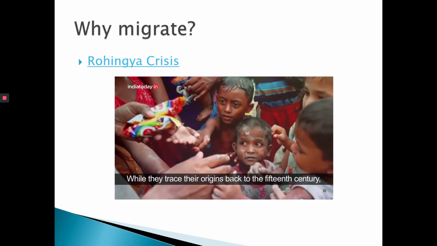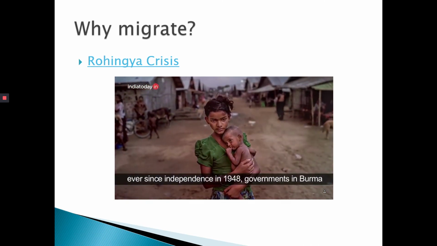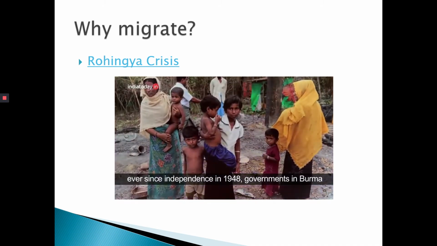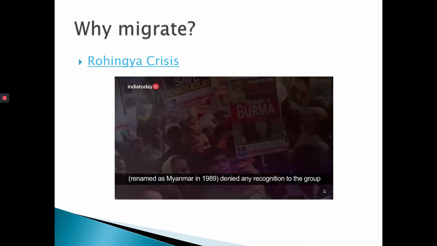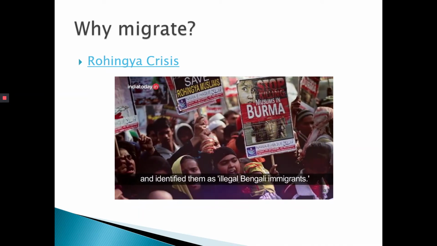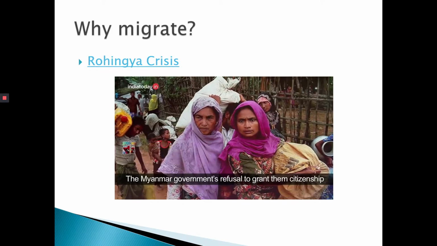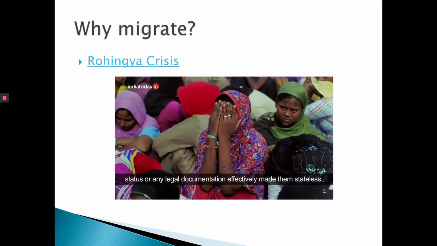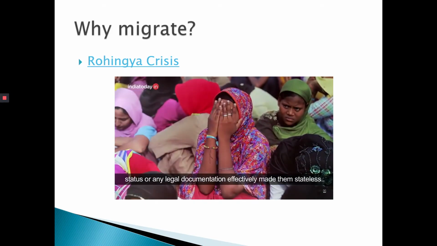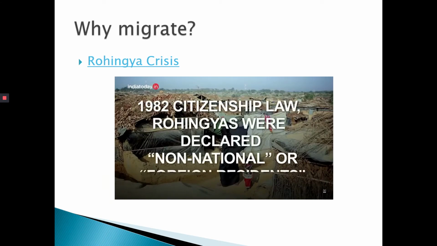While they trace their origin back to the 15th century, ever since independence in 1948, governments in Burma, later renamed as Myanmar, denied any recognition to the group and identified them as illegal Bengali immigrants. The Myanmar government's refusal to grant them citizenship status or any legal documentation effectively made them stateless. Under the 1982 citizenship law, Rohingyas were declared non-national or foreign residents.